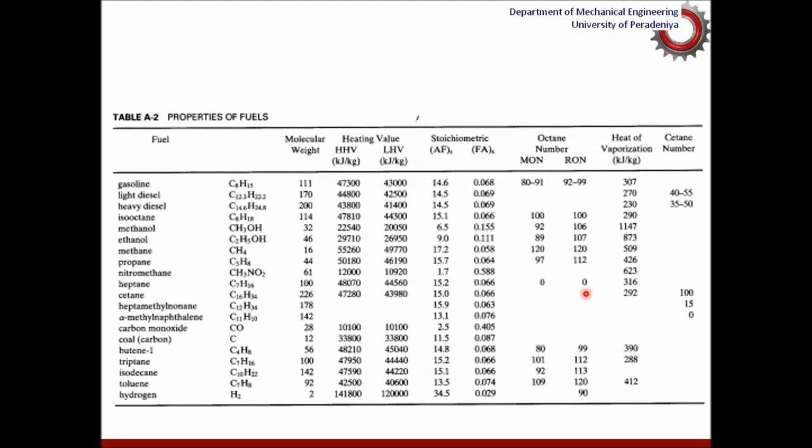And this chart gives you some numbers about these various different properties of fuels. Now, if you look at the cetane number of light diesel, it's about 40 to 55, and heavy diesel it's about 35 to 50. So the cetane number is around that range, whereas the octane numbers are usually close to 100, that is in the range of 90 to 100. And various other heating values and stoichiometric air flow ratios and things like that are given here just for your information.